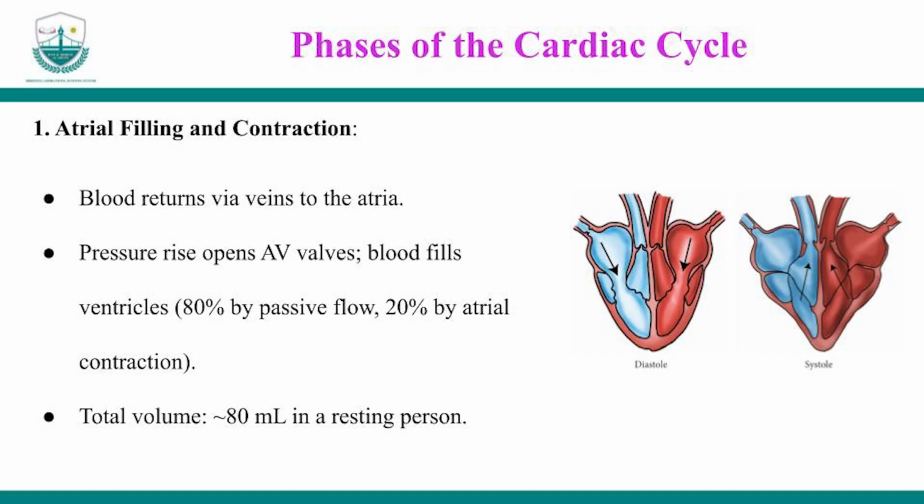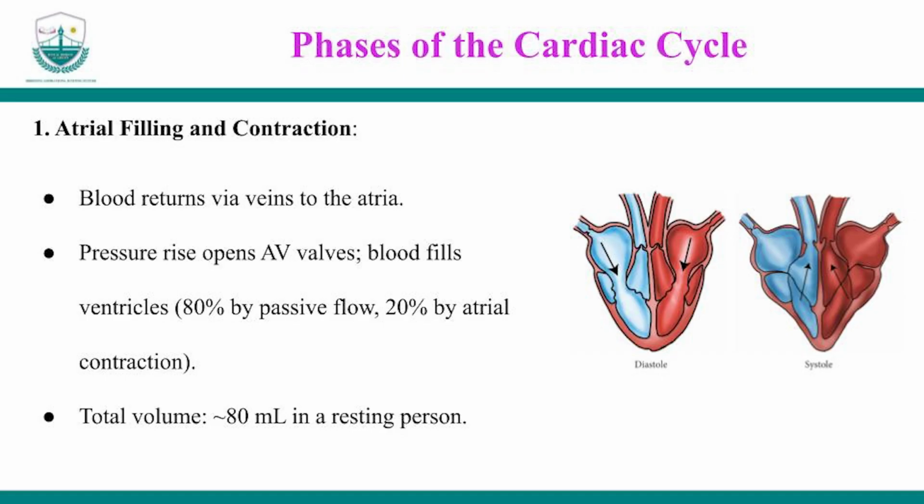Okay, the emphasis here is that naturally the contraction of the atria actually pushes a little blood into the ventricle. Naturally, much of the blood enters the ventricle without need to apply any pressure or contractions.